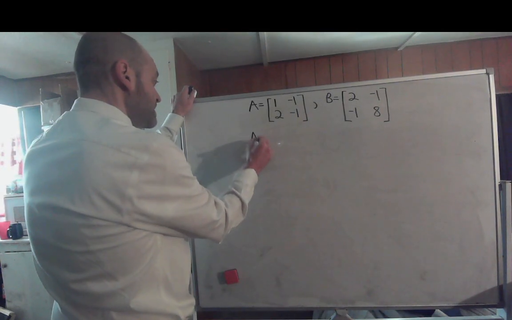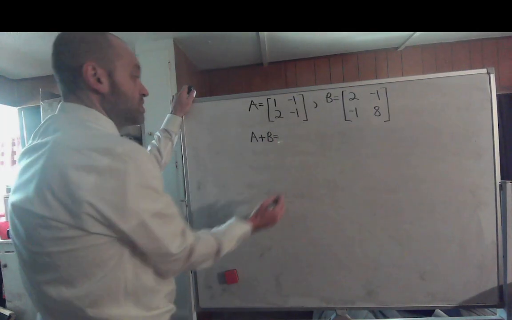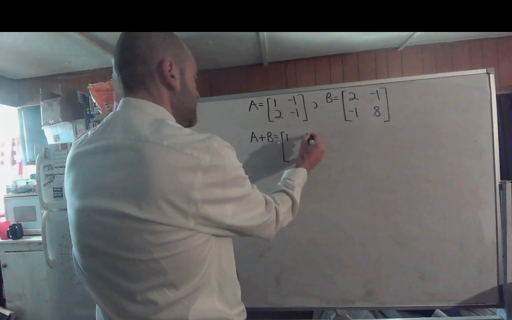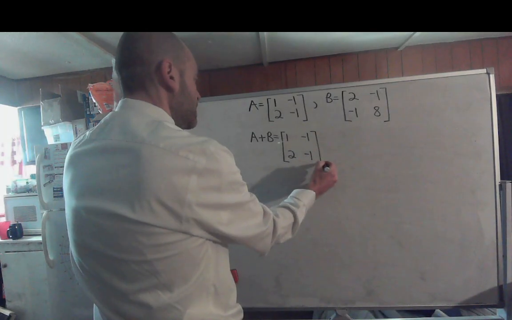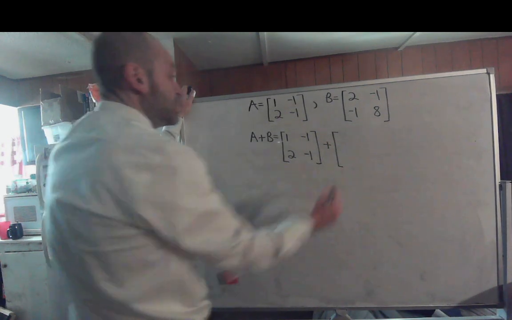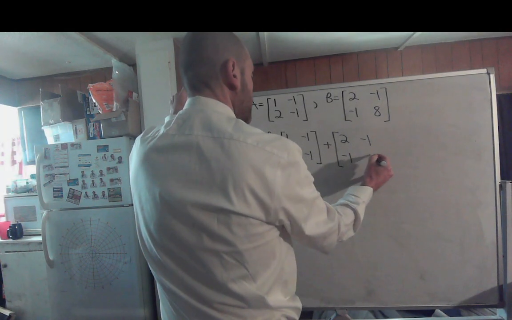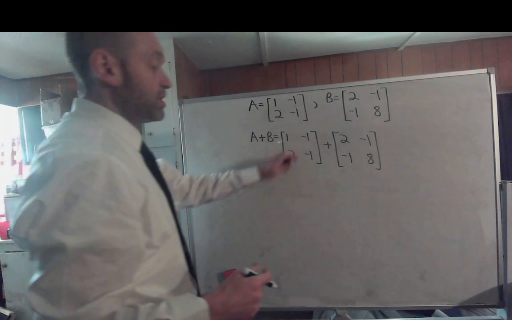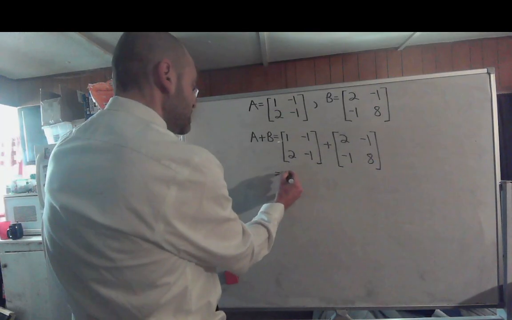So if I want to take A plus B, I'm just going to take both of these matrices, the 1, -1, 2, -1, plus I will take that 2, -1, -1, 8, and then I'm going to just simply add each entry with its respective position.